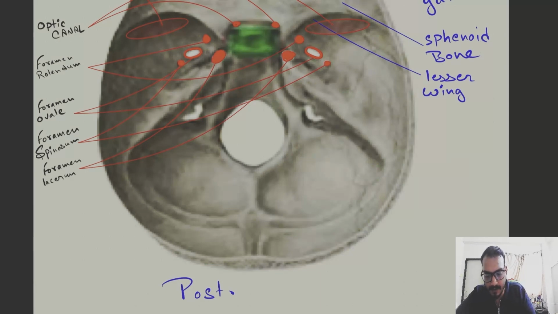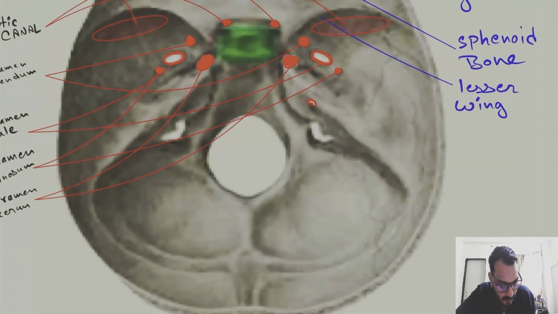Then on the temporal bone, this is the temporal bone, guys. This is the full temporal bone, and this is the ending of the temporal bone. On the ending of the temporal bone, we have one more foramen.